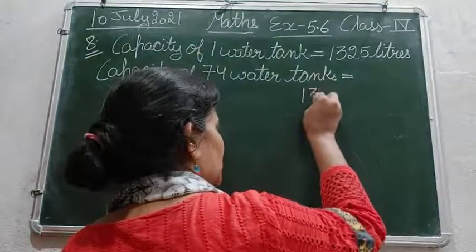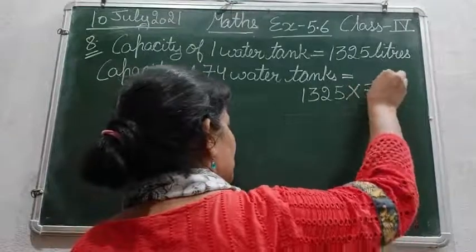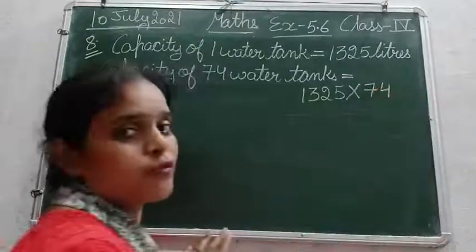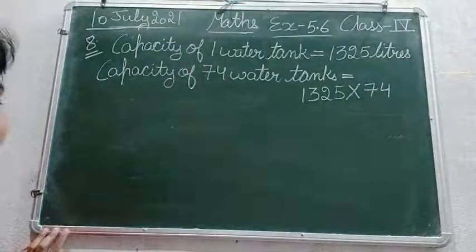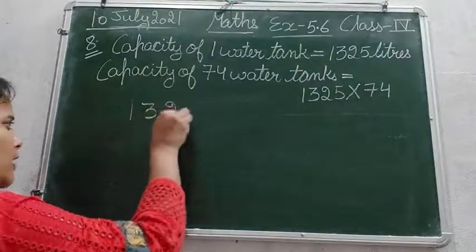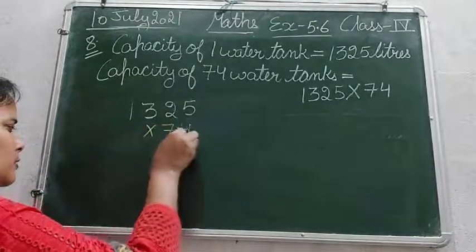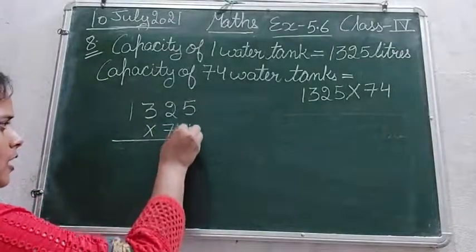So 1325 multiplied by 74. Okay, so let's multiply and get the answer. 1325 multiplied by 74. So let's multiply.